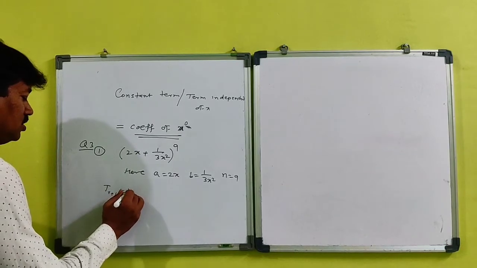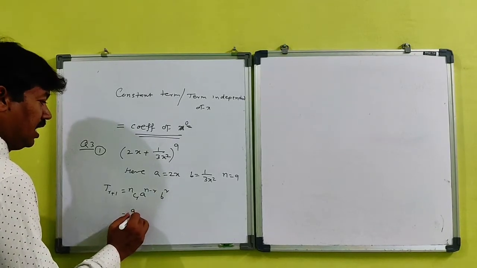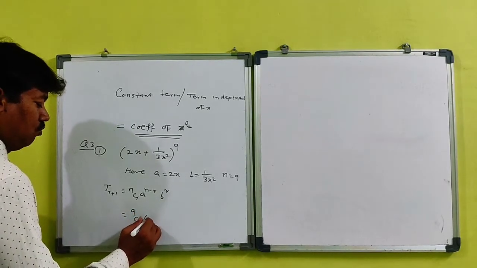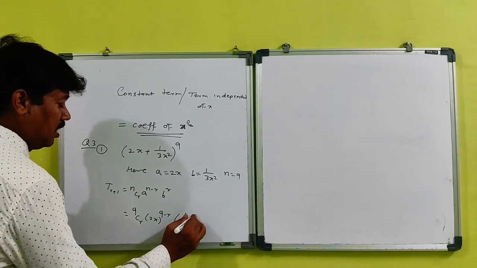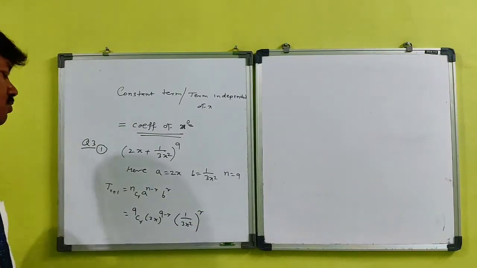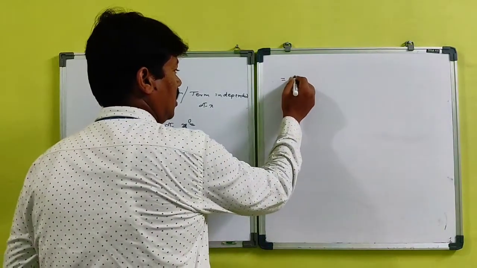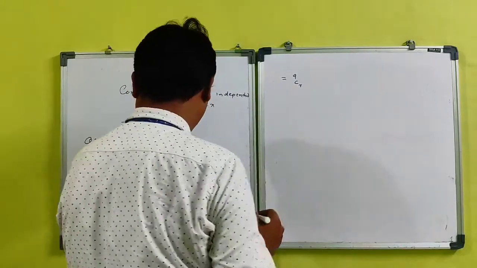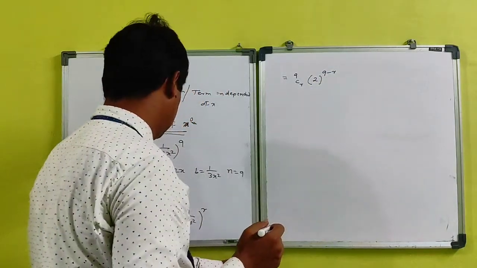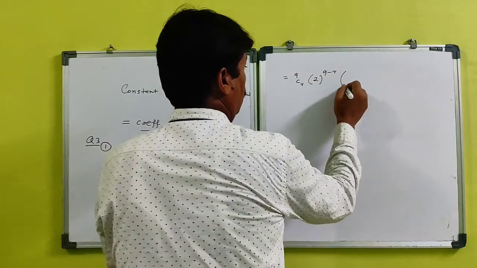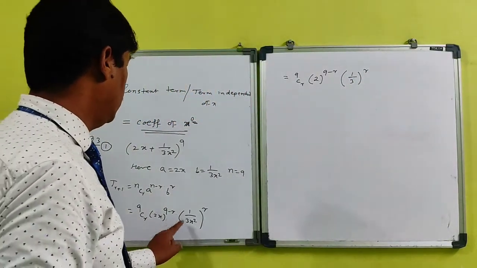So what is T r plus 1? T r plus 1 here is nCr, a raised to n minus r, b raised to r. So it is 9Cr, 2x raised to 9 minus r, times 1 upon 3x squared raised to r. So we have to use it like this. Now, again take out the constant coefficient, so it is 9Cr 2 raised to 9 minus r, 1 upon 3 raised to r, x raised to 9 minus r and this to r.